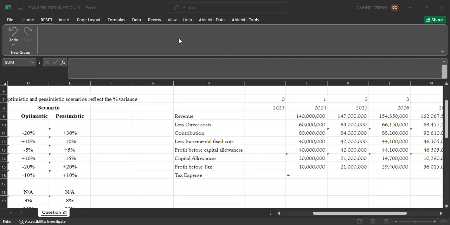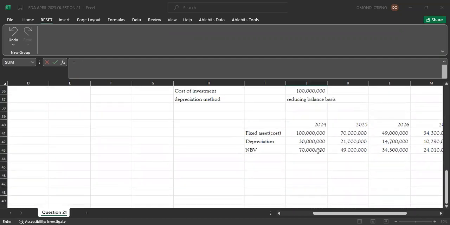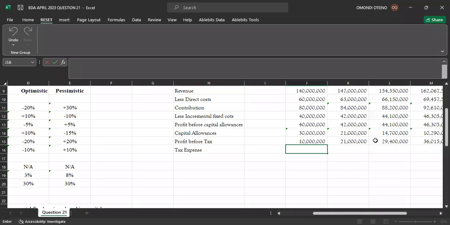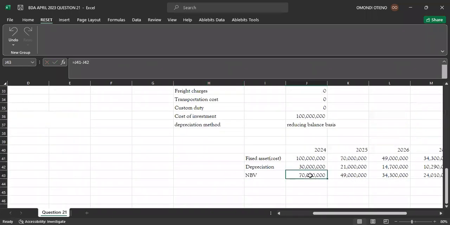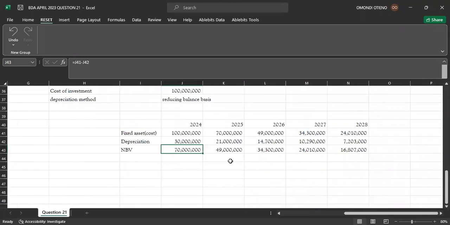Capital allowances. Somebody is not understanding something. What is it that you are not getting? Is it the depreciation rate or the net book value? Okay, net book value. How do we get net book value?